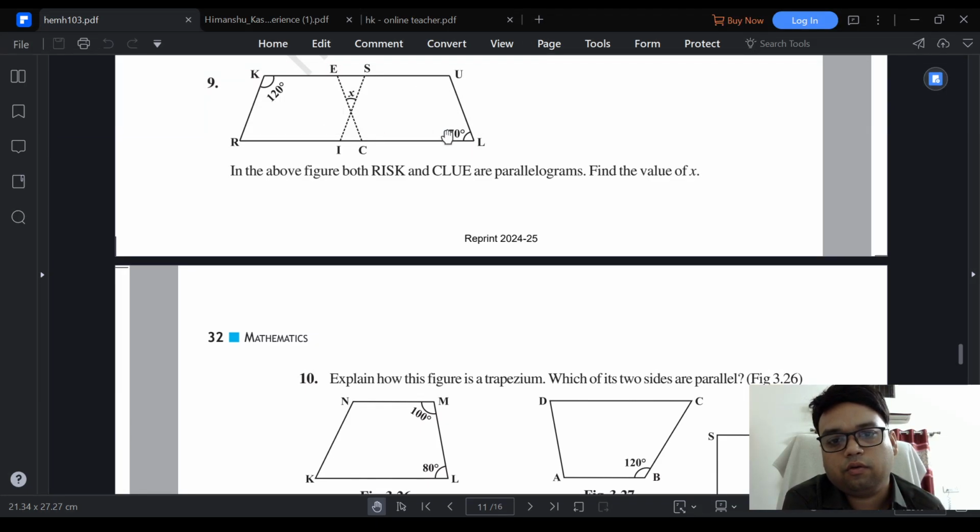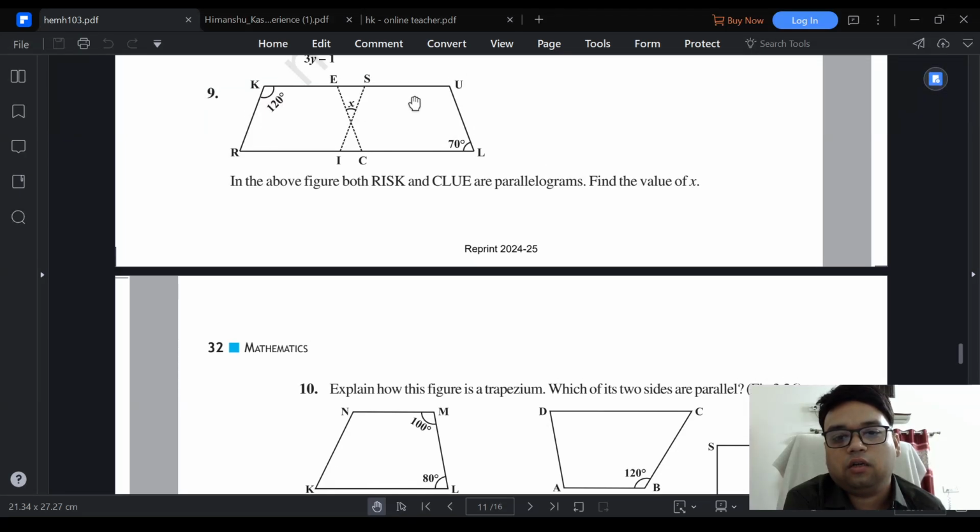Similarly here you can calculate all the data. This one is 70 degree, then this one is 110 degree, this one is 70 degree. If this one is 60, this one is 70, then in the triangle, 60 plus 70 plus x is equal to 180 degree.